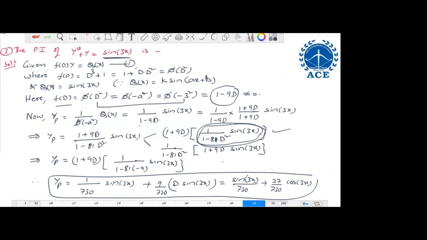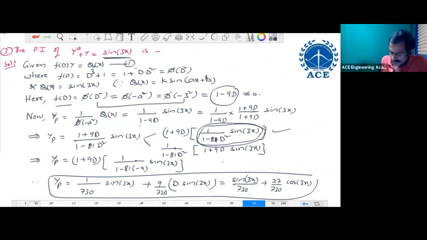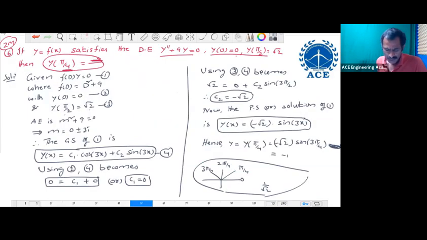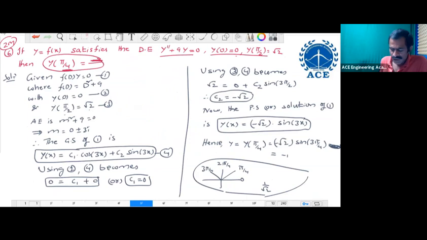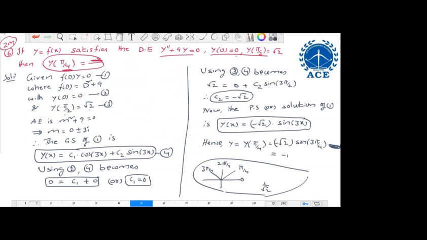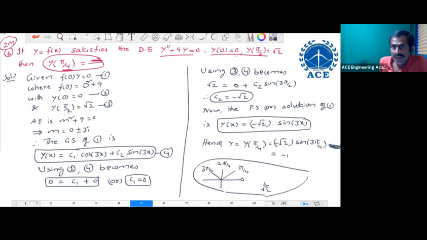Sir, 5F. Sir, you told that if m is complex, it is C1 cos x plus C2 sin x, no, sir? A cos x plus B sin x. It is a plus or minus iB.